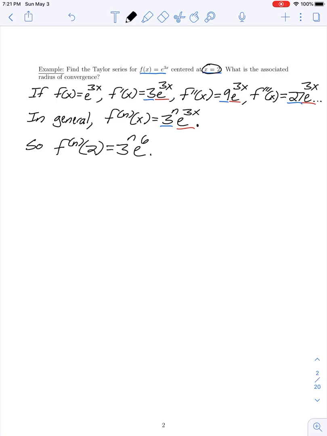Now, once we have this expression for the nth derivative of the function evaluated at our center point, we have the Taylor series of that function.